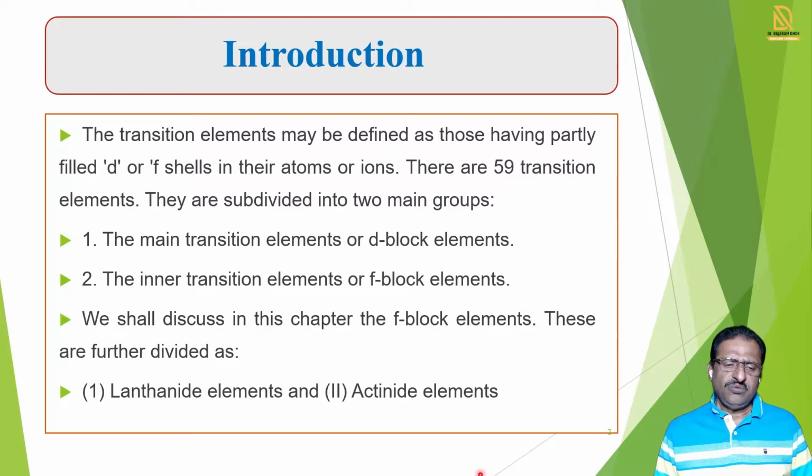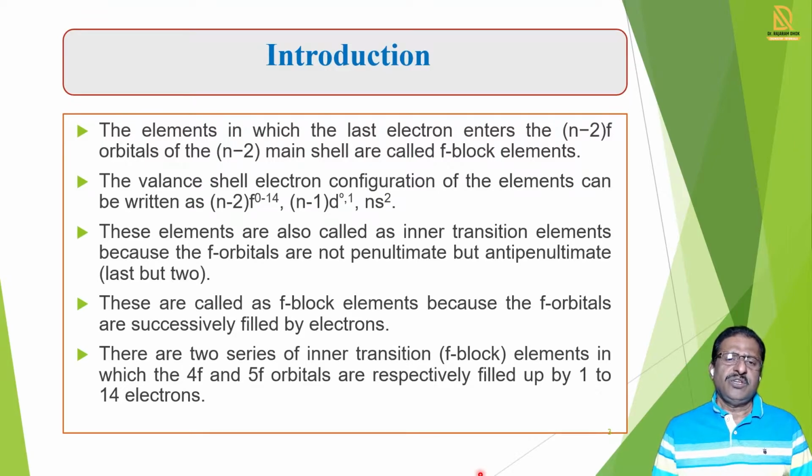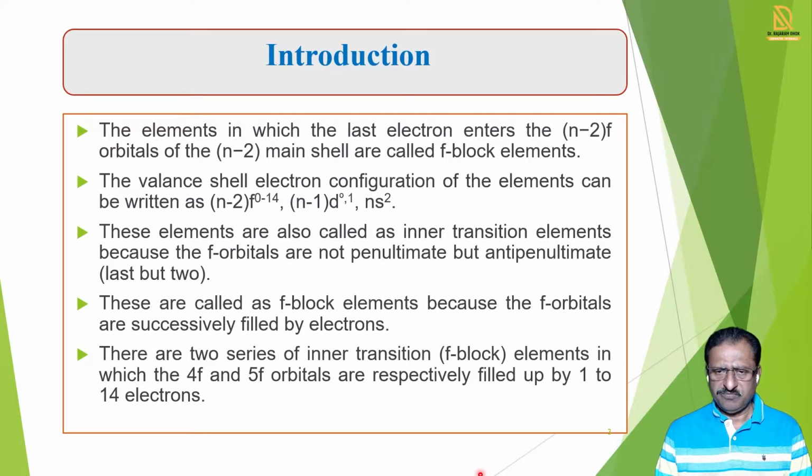So in this we see in detail about the lanthanides and actinides. Simply, this topic is converted into two subtopics, lanthanide elements and actinide elements. The F block elements are the elements in which the last electron enters the n-2 f orbital of the n-2 main shell.